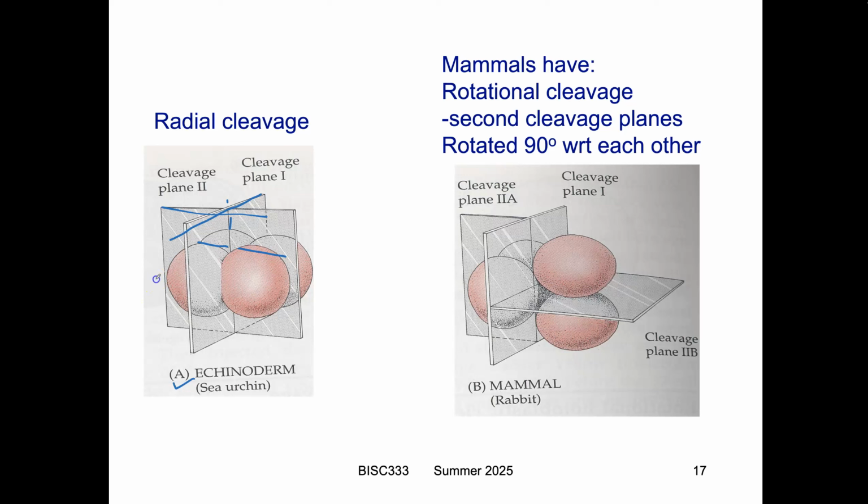And then the next one is going to be here, which is also 90 degrees rotated compared to the previous one. This is only for the first few divisions, but in the sea urchin, all the cells are dividing on the same plane in a coordinated series of divisions, and they're at right angles to each other.